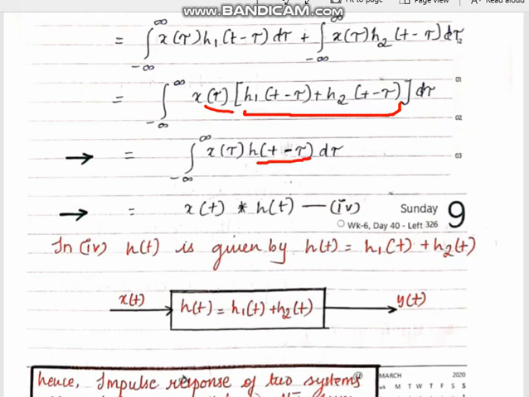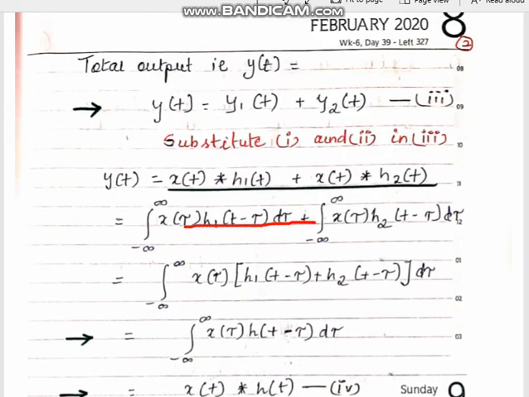So h of t minus tau is nothing but this particular section. Now represent this integral in the form of convolution. So it will be x of t convolved with h of t. To achieve this, we need to calculate this entire equation. Clear?